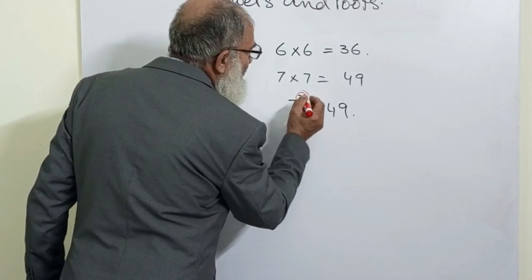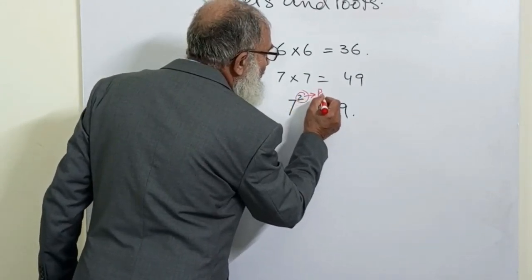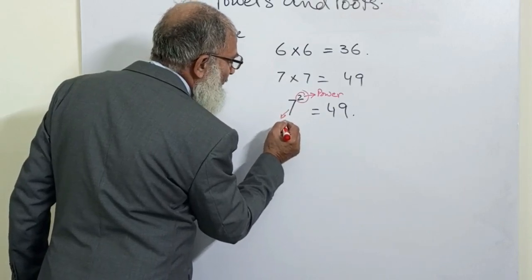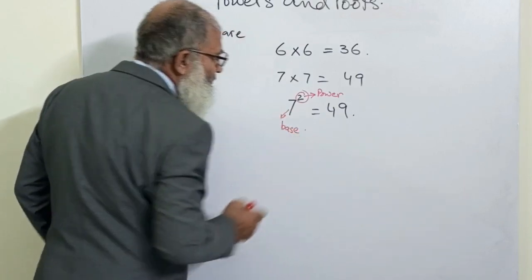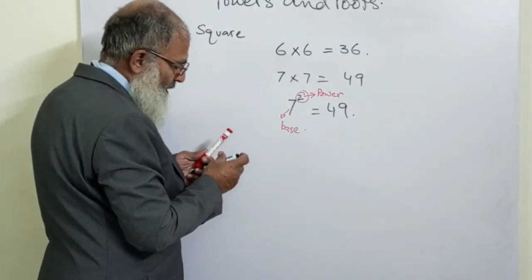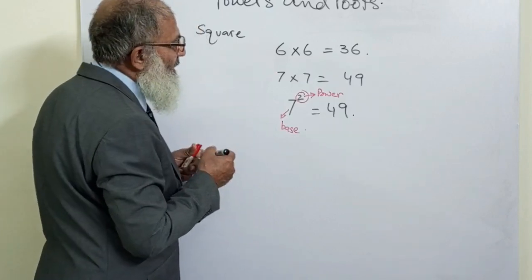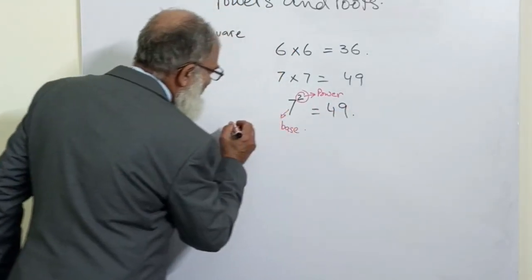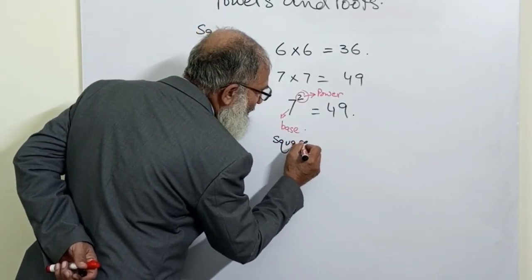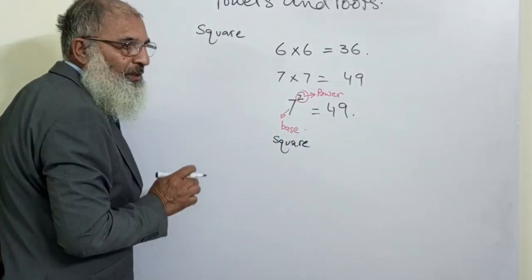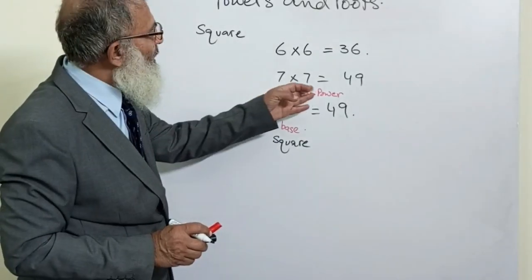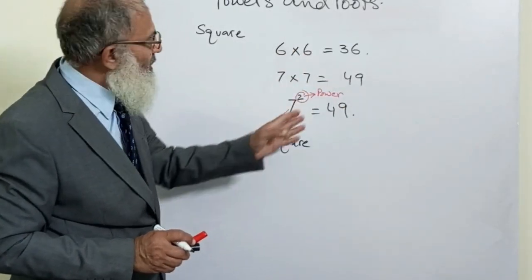See that this is the power of this 7, and 7 will be called the base. When the power is 2, we call it square. And square means a number multiplied by itself gives any number which is a square.